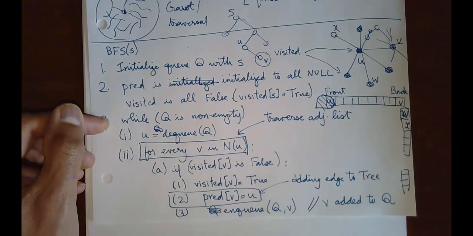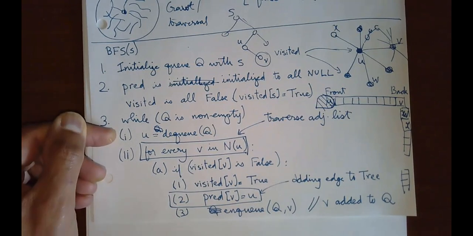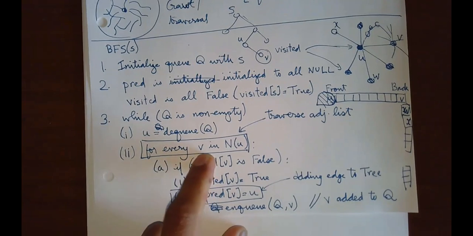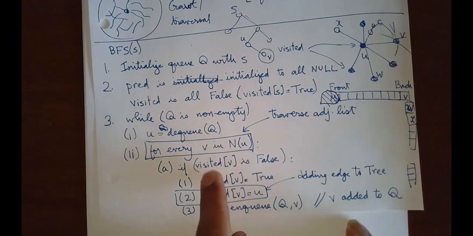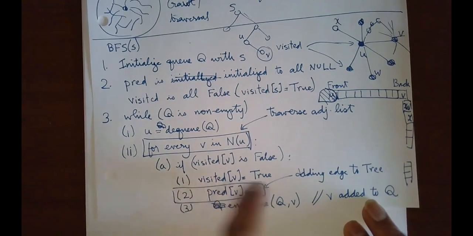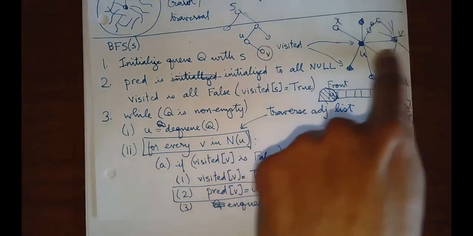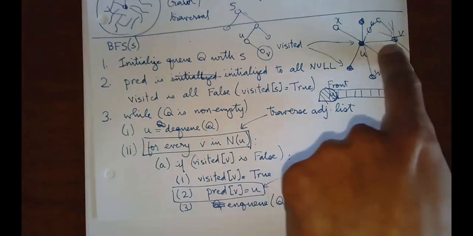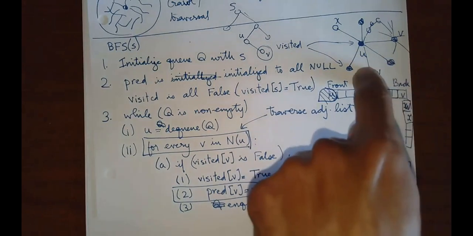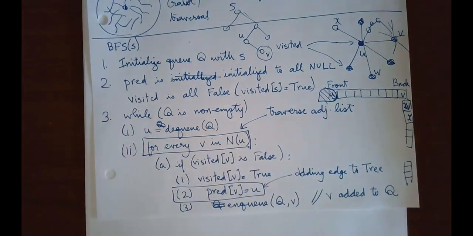Now, while the queue is non-empty, we remove what's on the top of the queue, dequeue it, call it U. Then for every V in the neighborhood of U, if V has not been visited before, visited of V is false, we visit it, meaning that we set it to true. We make the predecessor of V be U. What this means is that we discovered V through U, and so that edge UV was the one that discovered V, and hence that edge is going to be in the shortest path tree.